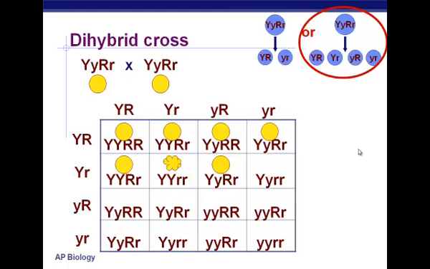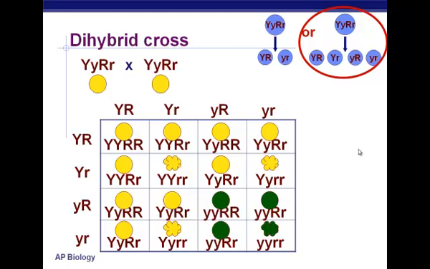Yellow and wrinkled. Yellow and round. Yellow and round. Green and round. Green and round. Yellow and round. Yellow and wrinkled. Green and round. Green and round. And green and wrinkled.